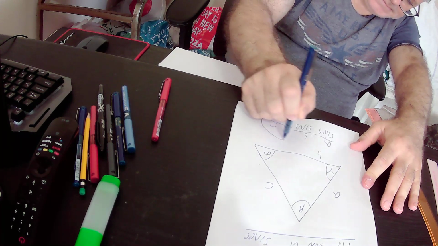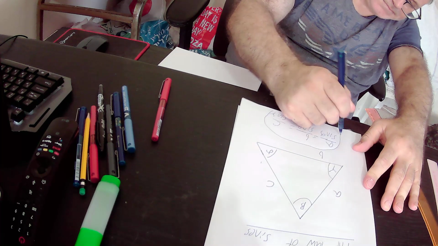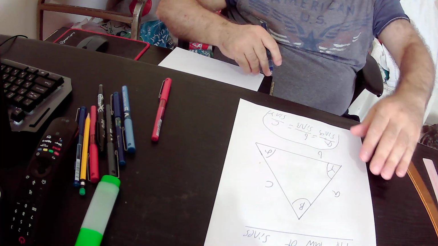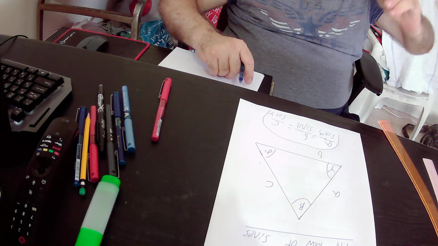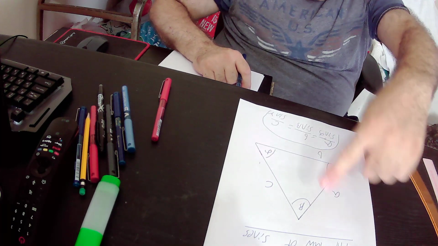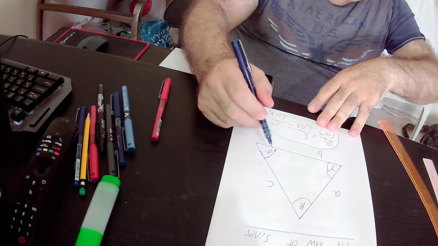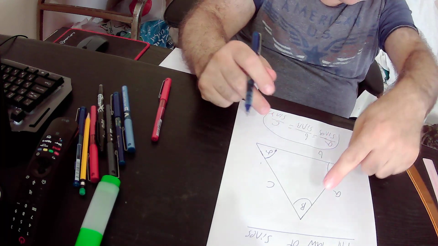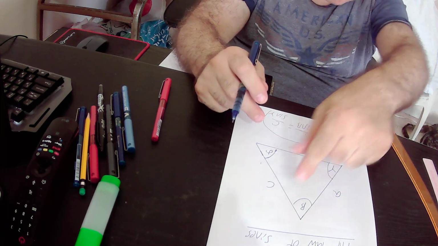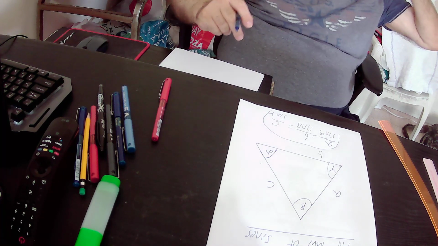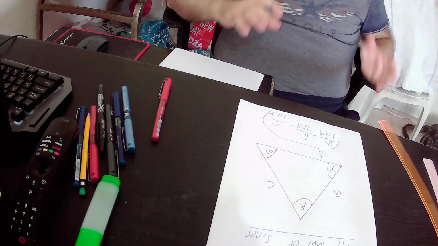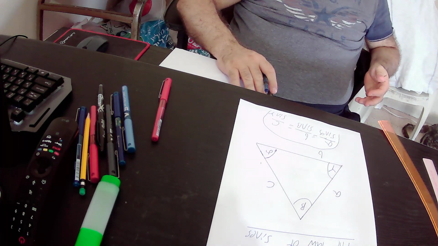Okay? So, according to the law of sines, A over sine alpha equals B over sine beta equals C over sine gamma. It is true for any triangle.